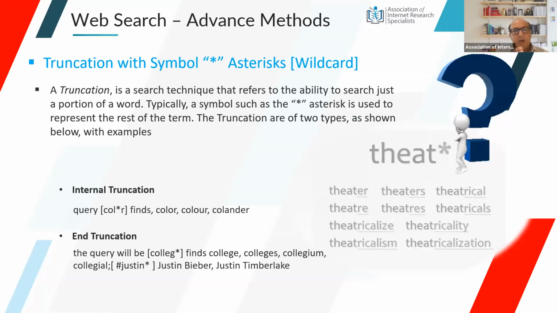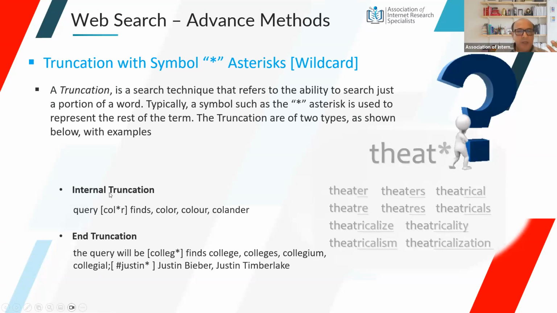Depending on the placement, whatever exists on either side of it would determine what is missing at the point where it is actually placed. So we will look at the way in which the asterisk can be useful for finding, let's say, misspelled words or spellings that you don't remember.